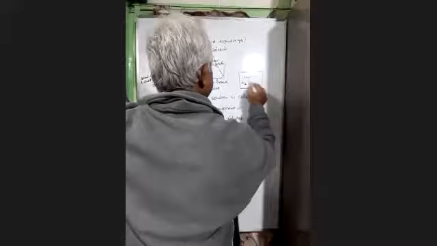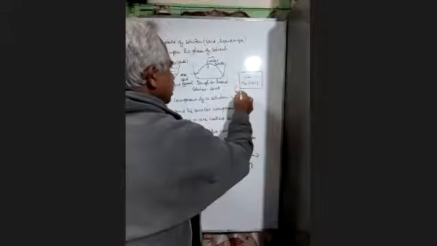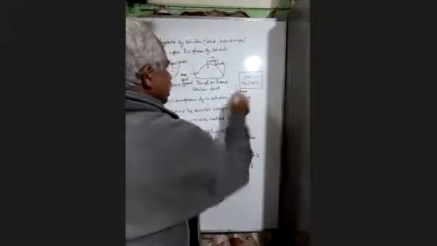Nitrogen is 76%. The rest of the gases are less. Oxygen is 20 to 22%. So in this case, which is the solvent? Which is maximum? Nitrogen. So it is the solvent.